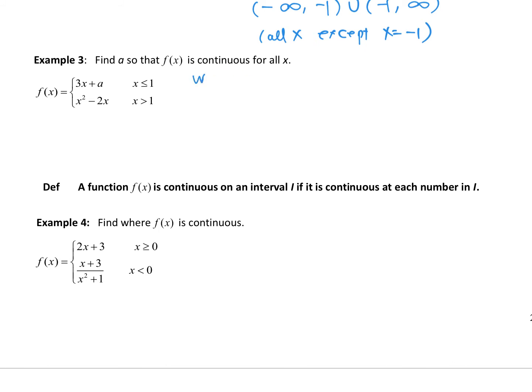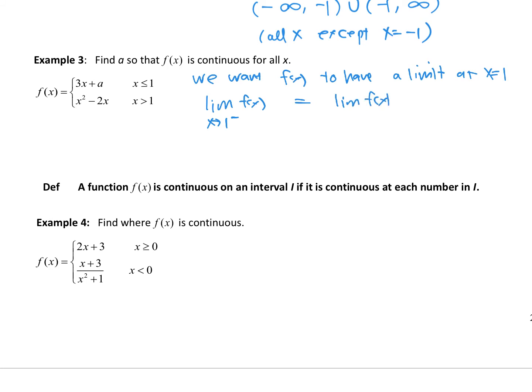So we want f to have a limit at x equal to 1. That means I want the left limit, x going to 1 from the left, to be equal to the right limit. Because when the left limit is equal to the right limit, then the limit exists.